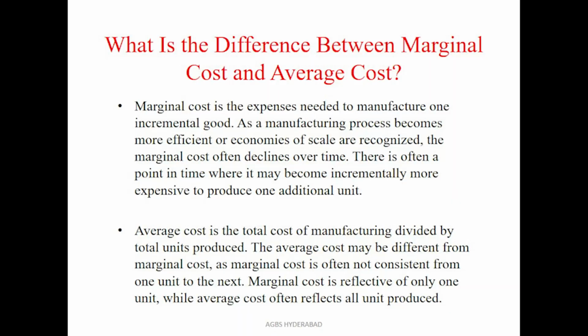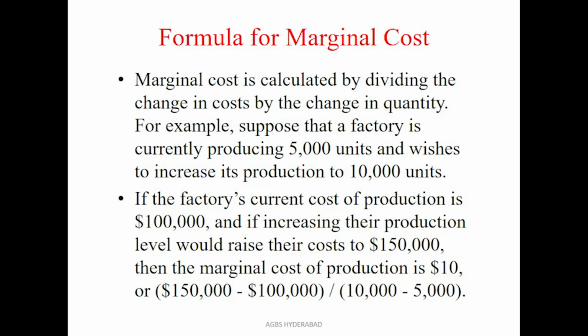There is a lot of difference between marginal cost and average cost. Average cost is nothing but the total cost, whereas marginal cost is the additional or extra cost incurred to produce extra units. Now, the formula for marginal cost: marginal cost is calculated by dividing the change in cost by the change in quantity.